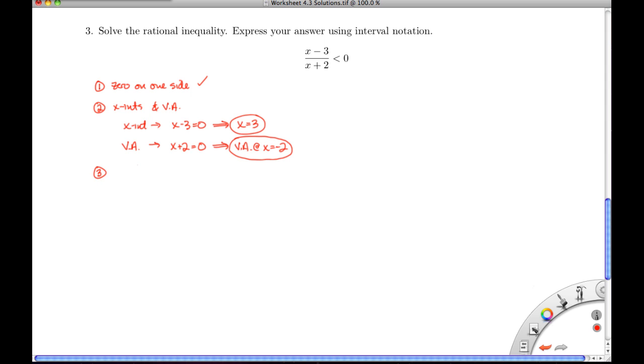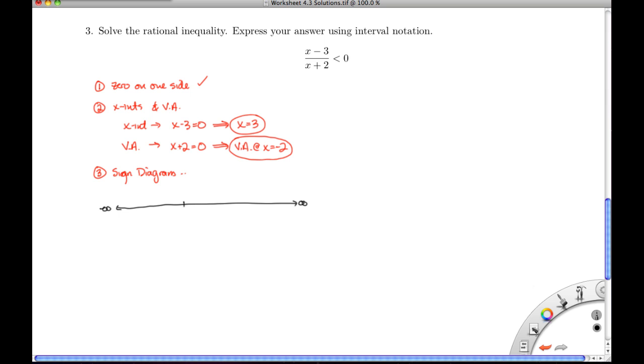So step 3, let's go ahead and do that. So we're going to make our sign diagram. And we will get our real number line going on here. Once you do a few of these they become not nearly as obnoxious as they may seem right now.